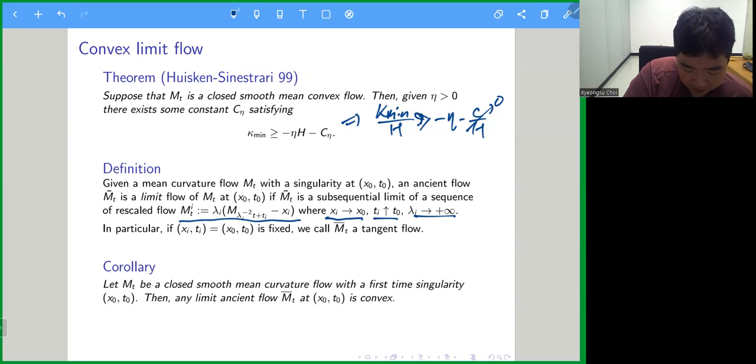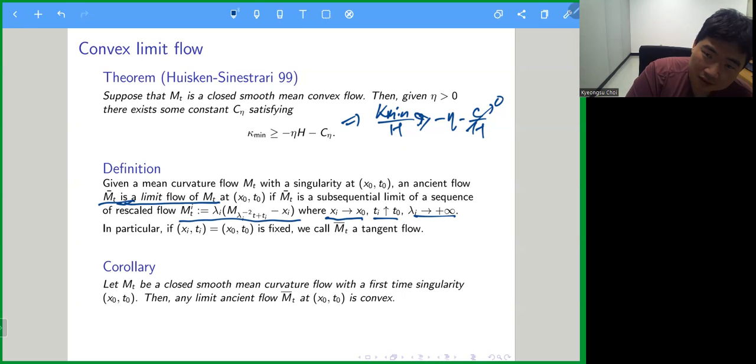Then, in case the sequence of rescaled flows has a subsequential limit, say the limit is M bar, then M bar t is the limit flow.